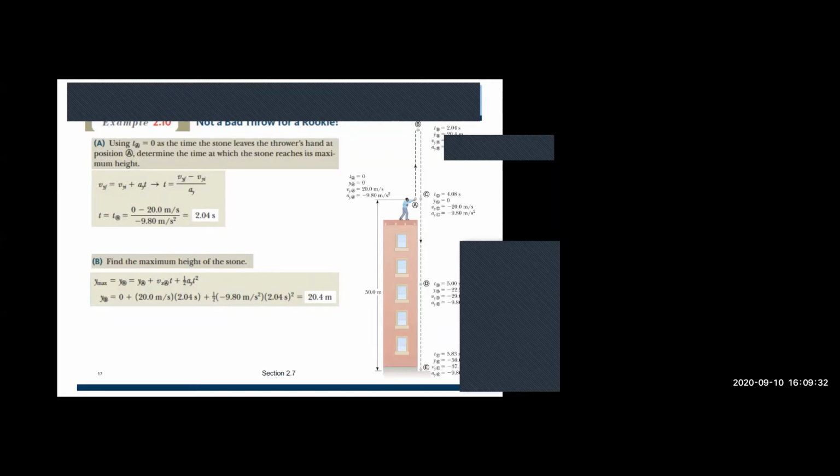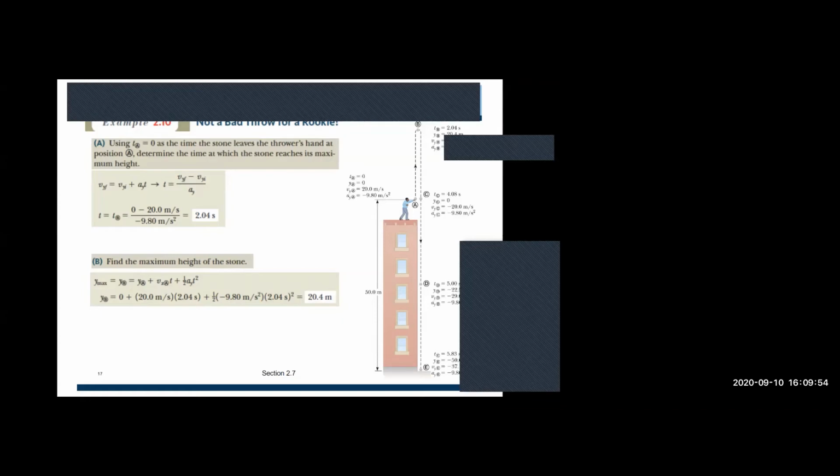If it does not have a certain velocity, it would just go straight downward instead of going upward. So when the ball leaves the man's hand, it must have a certain upward velocity. And this velocity would keep on decreasing because of the acceleration due to gravity that points downwards.